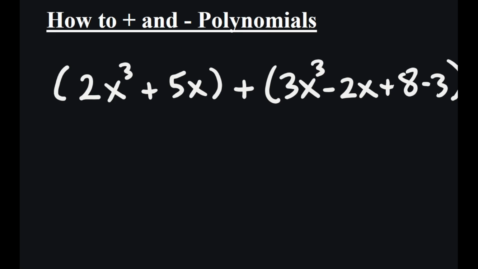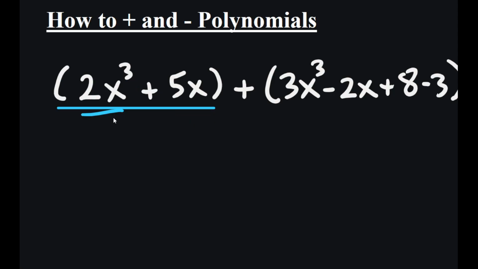Okay, so first, before we get to adding them, let's analyze both polynomials. We have a polynomial inside of here, and this is a binomial because there are two terms: the 2x to the third, and the 5x. And we can also look at the degree of it. The degree of this polynomial is the highest exponent, which is 3.